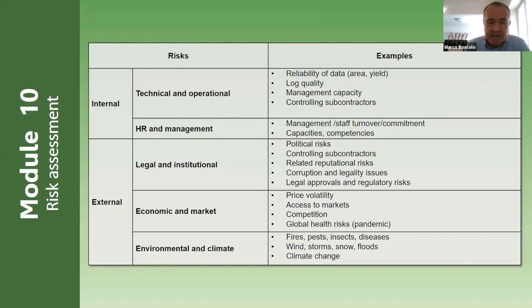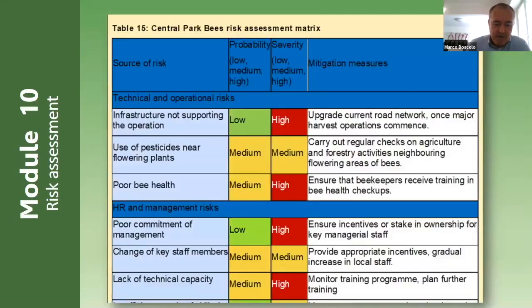And it is important for your business to do these 4 things. First of all, to identify what are the sources of this risk. And then for each source to assess the probability of occurring. This can be done in a qualitative way. For example, the probability could be low, could be high, could be medium.